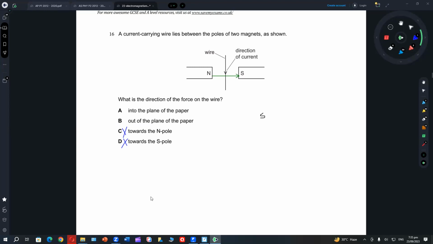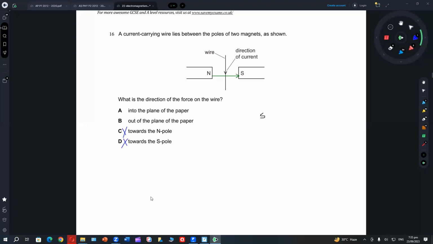So now you have options A and B left. A means into the plane of the paper. B means out of the plane of the paper. So you have to put your left hand. The finger should be down, and the magnetic field is north to south.